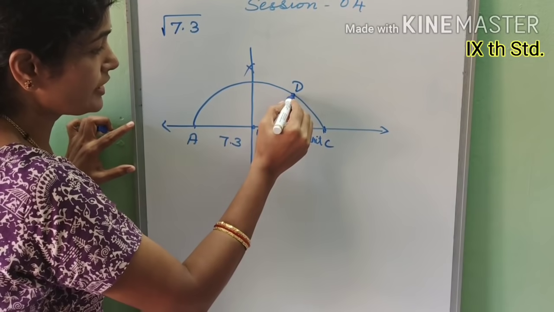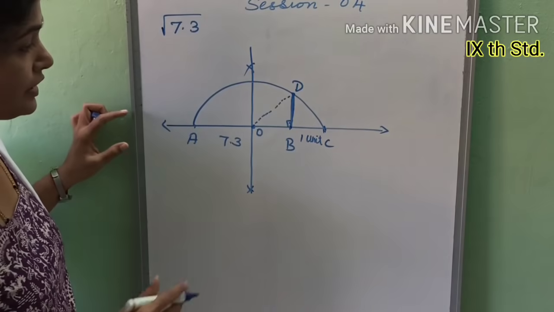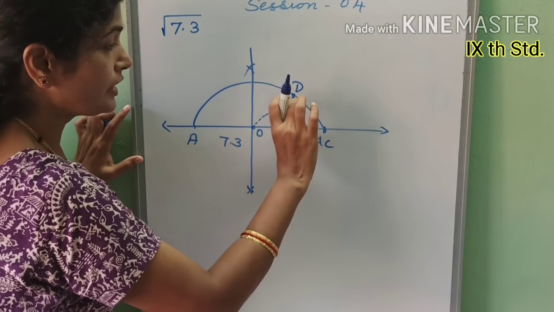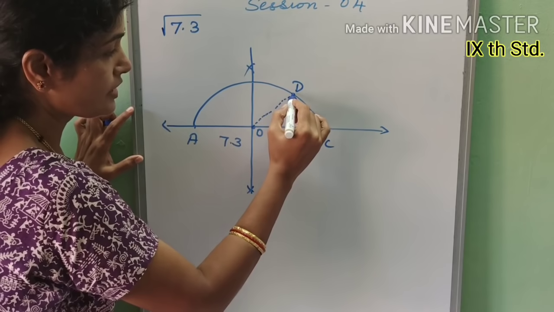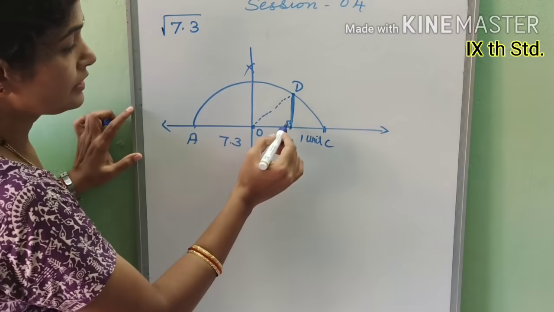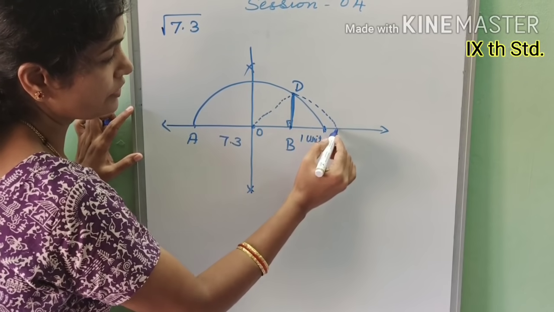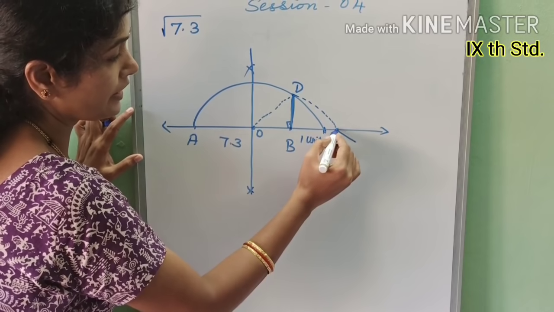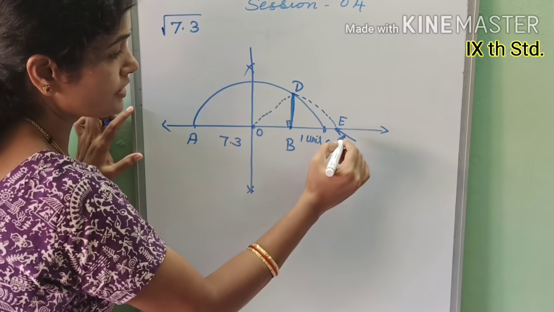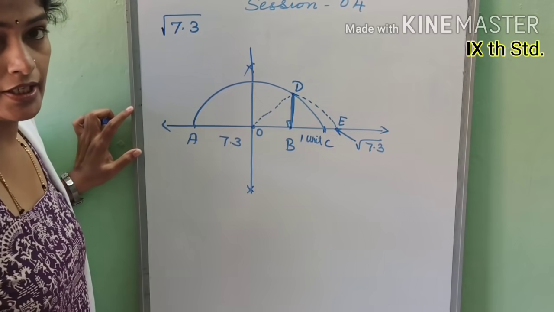Then you are joining O to D. Now with this BD as the radius, and keeping the center of the compass at B, draw an arc which will intersect the number line at, say, point E. So this point is root of 7.3.